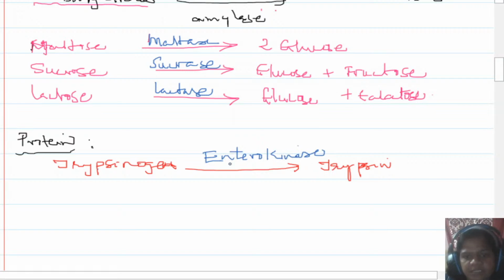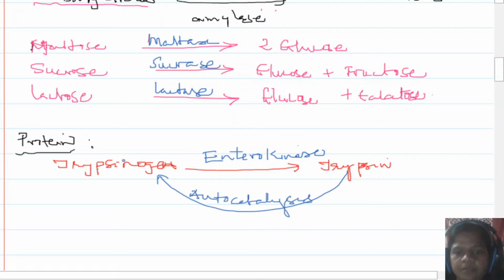Now this trypsin, once it is produced from trypsinogen, it autocatalyzes itself, so that more and more trypsin is produced. Remember this autocatalysis. At the beginning, trypsinogen needs to be converted to trypsin by enterokinase. It can then do it by itself by autocatalysis.